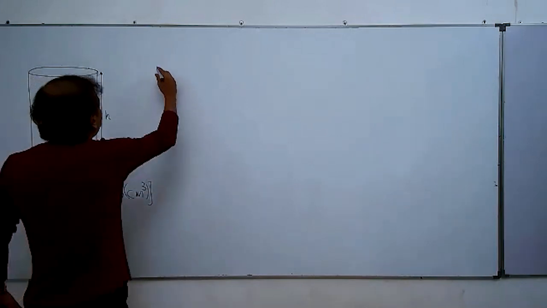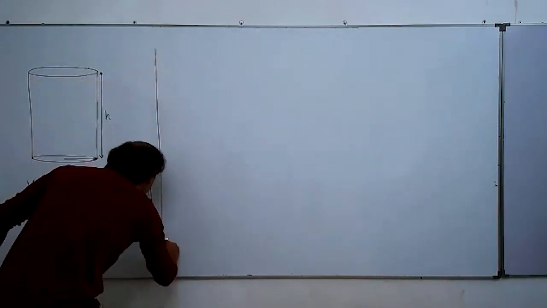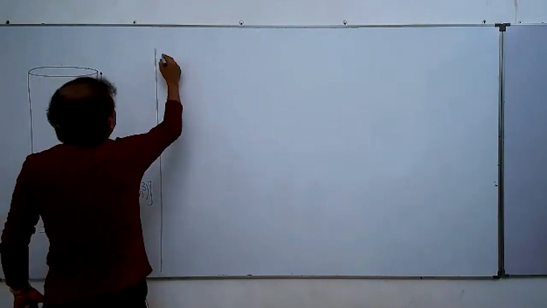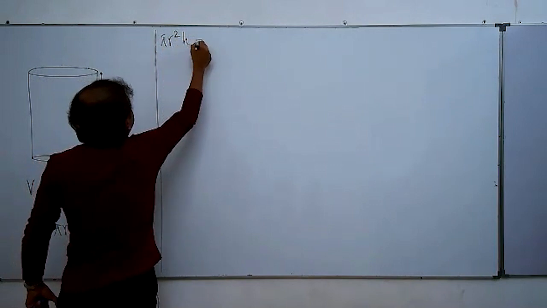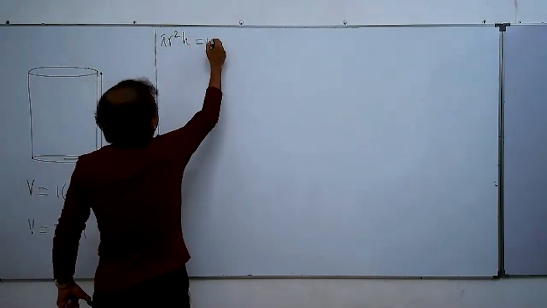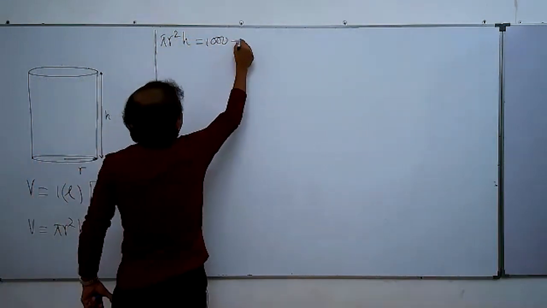So therefore, the first equation we get, people, is pi r squared h equals 1000. See, number 1.